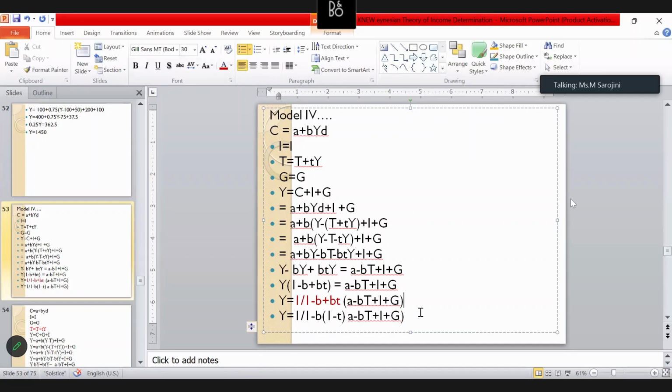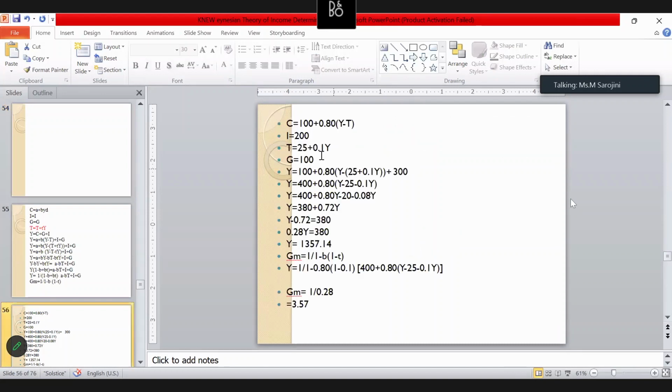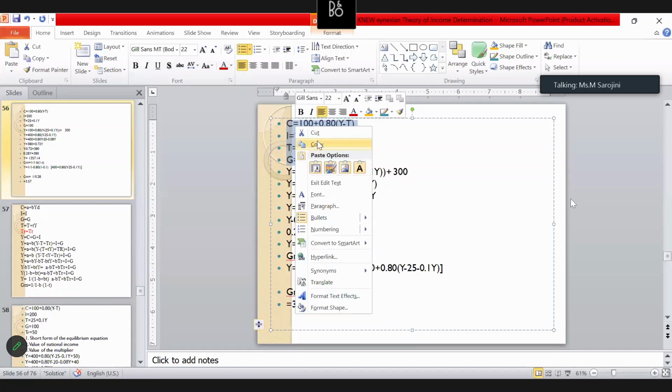Is it okay? I don't know how many of you understand this one. Once you answer the questions, I can understand whether you understand or not. Once you close your mouth or once you are silent, I cannot do anything. And we can go for one of the examples. These are the information given to you.